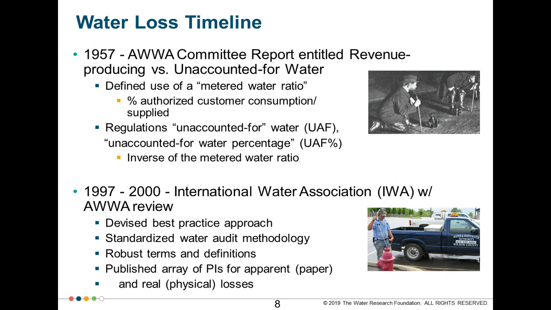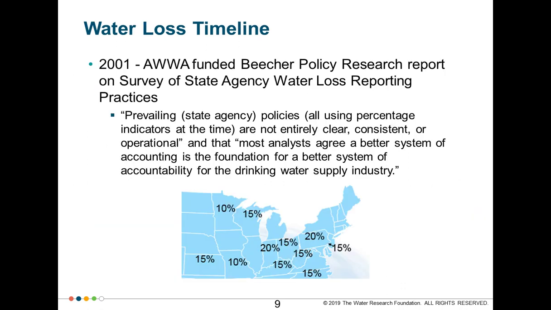Then around the year 2000, the IWA and AWWA got together to devise a better best practice approach that would standardize the water audit methodology for utilities throughout the world and provide good terms and definitions and publish an array of performance indicators so we can break out the real losses, the physical losses, and the apparent non-physical losses on the system, and be able to use that information to compare performance from utility to utility and from year to year.